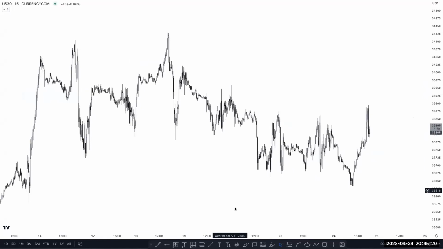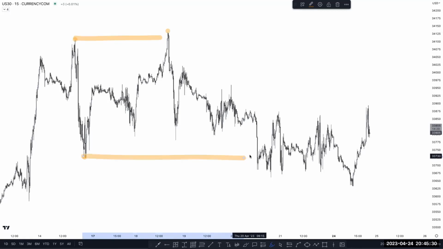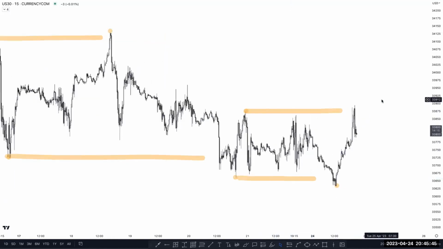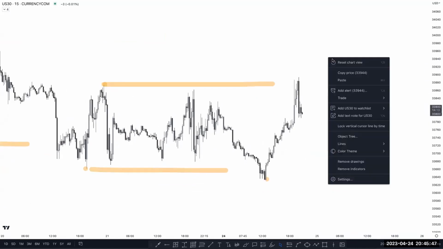First of all, mark the structures here. Higher high, broken, higher high, broken. Okay. And then it creates a CHoCH, lower low, lower high, broken, sweep, and you can sell here, right?